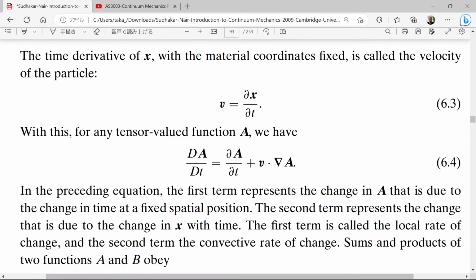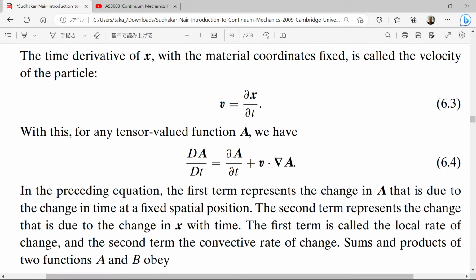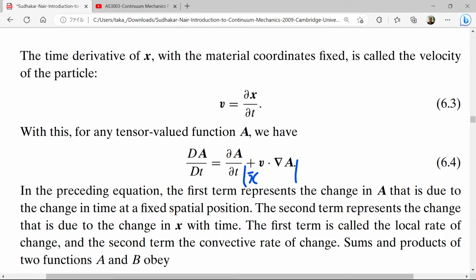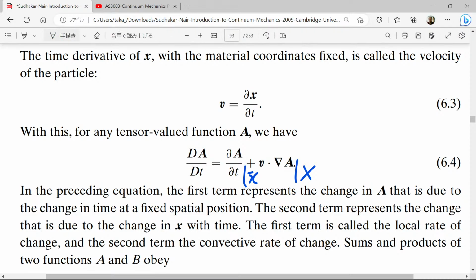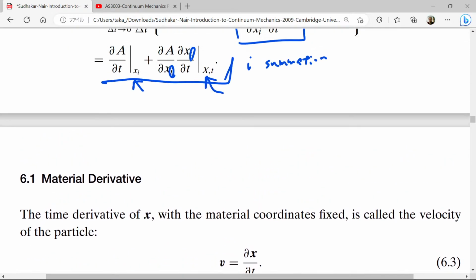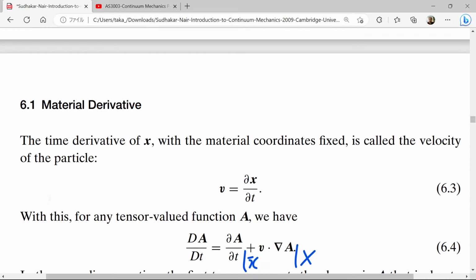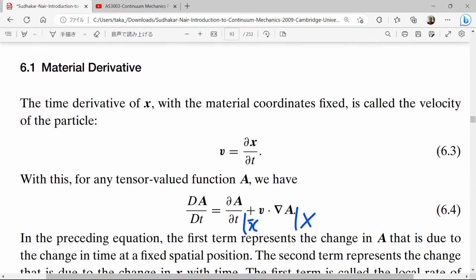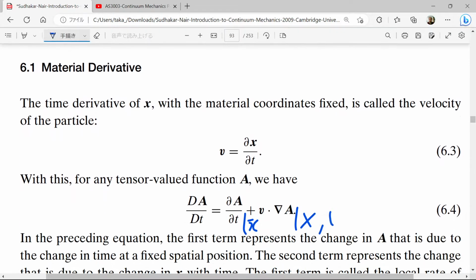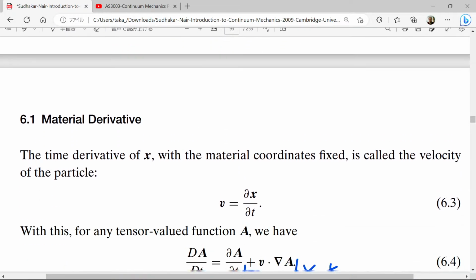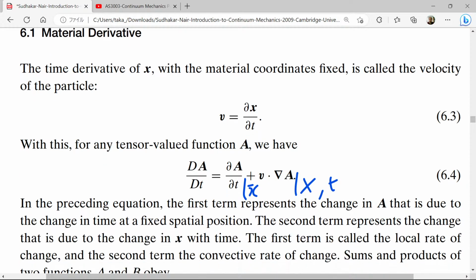But I think here something like A is, small x is fixed. Then here large X is fixed. Am I right? The first one is small x is fixed.